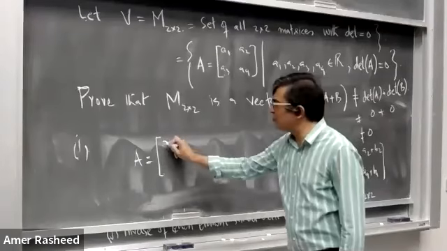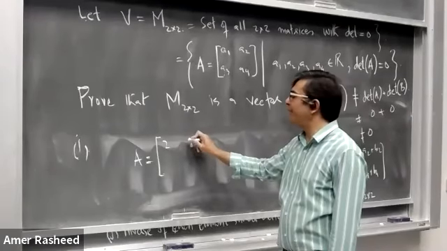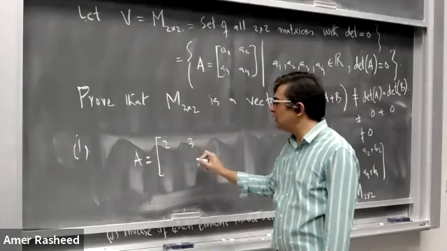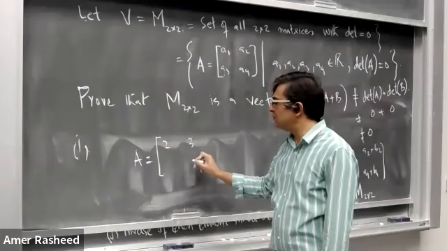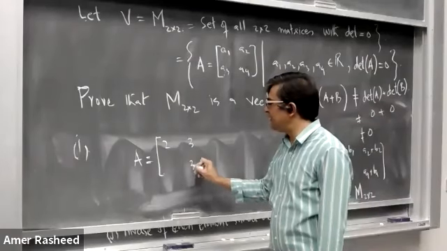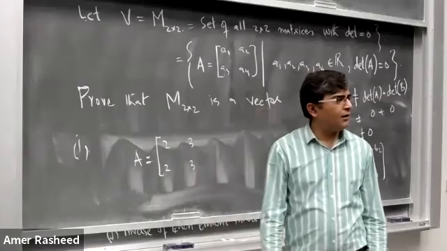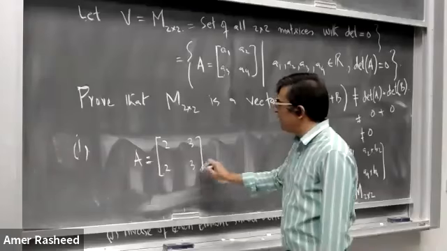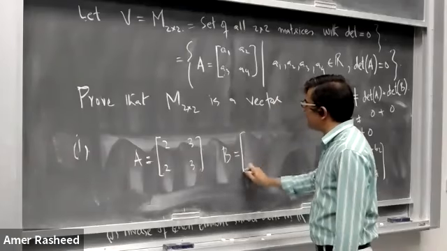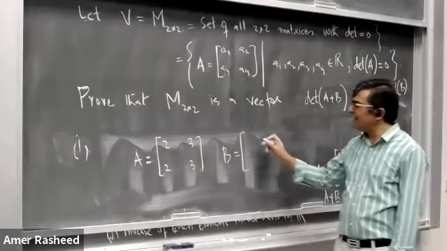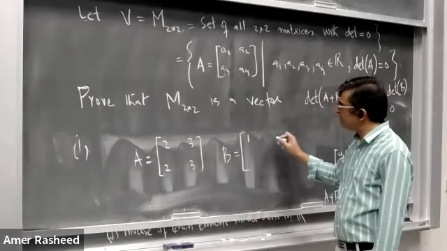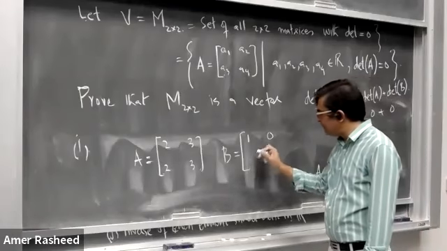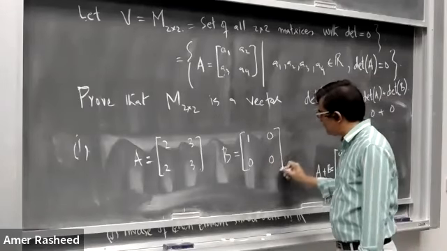For example, यहाँ पे मैं ले रहा हूँ 2 and maybe 3 and 2 and 2. यहाँ पे आप 3 ले लें, यहाँ पे भी 2 ले लें. ठीक है. या कोई और नंबर ले लें. You think about it. कि दो कोई ऐसे मैट्रिसेस डिफाइन करें, इसका डिटरमिनेंट तो 0 होगा, लेकिन यहाँ पे 1 0 maybe 0 0. ठीक है.